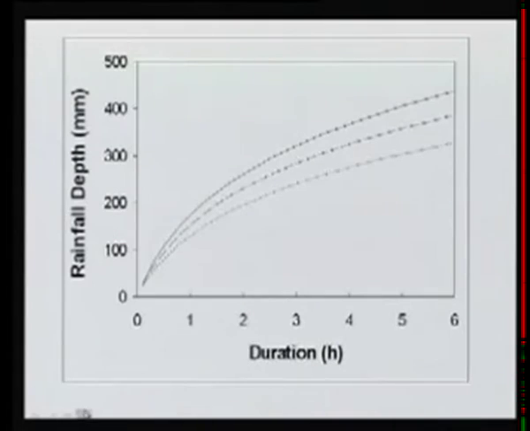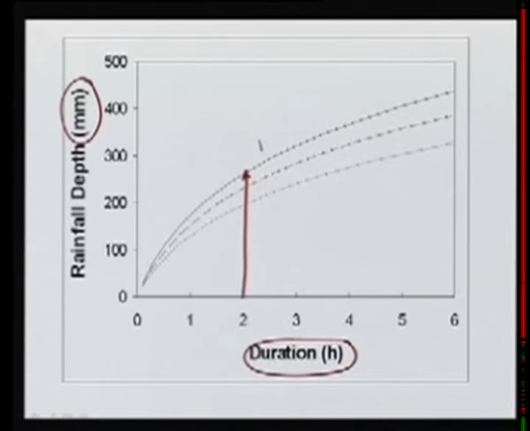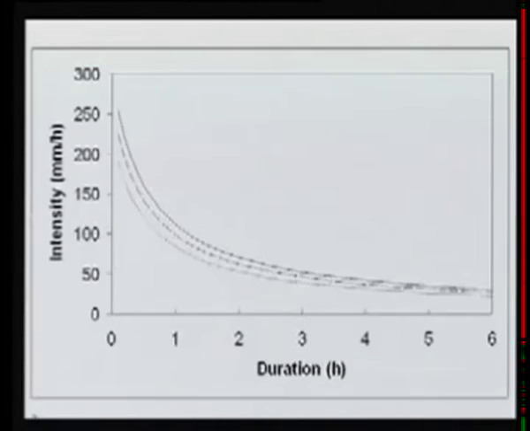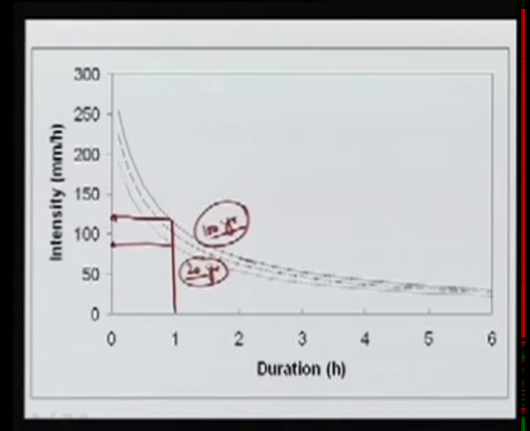So if we plot this, again this is millimeters for different duration of rainfall, 100-year return period, 20 and 50. So this gives us total depth of rainfall, and as we can see here, with the increase in duration, the depth is increasing while the intensity was decreasing.